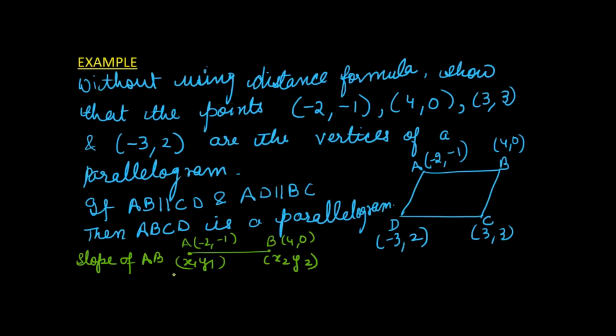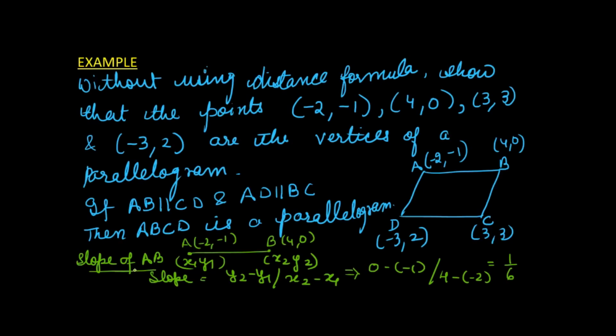Then the slope is given by y2 minus y1 over x2 minus x1. So in this particular case, slope of AB will be 0 minus of -1 whole upon 4 minus of -2, which gives you 1 over 6. Slope of AB is 1 over 6.